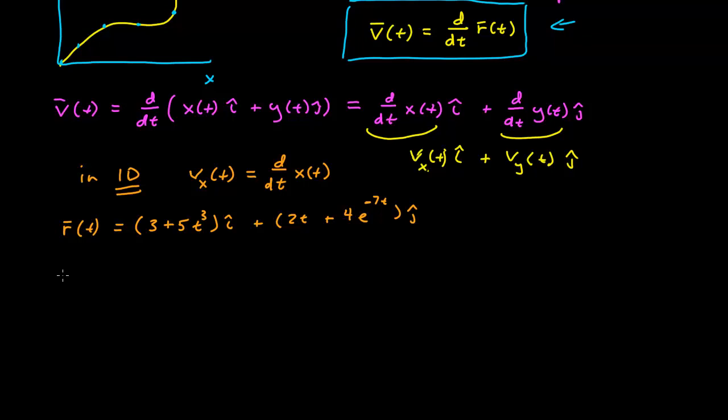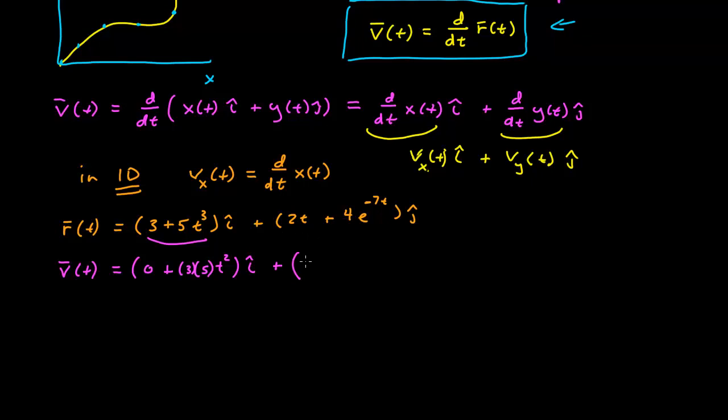So then, if I were to calculate this derivative, I'm going to calculate the derivative of each part. So the first, I have to differentiate this polynomial, and I differentiate each term of the polynomial. The derivative of a constant is 0. The derivative of 5t cubed: bring the 3 down, times 5, t squared, 3 minus 1, so this is i hat, plus the derivative of each of these terms.